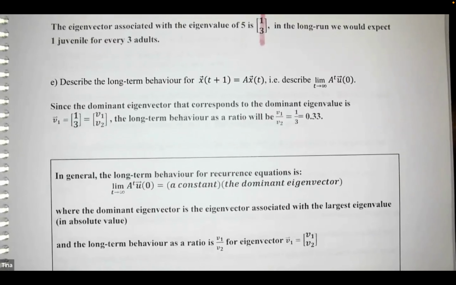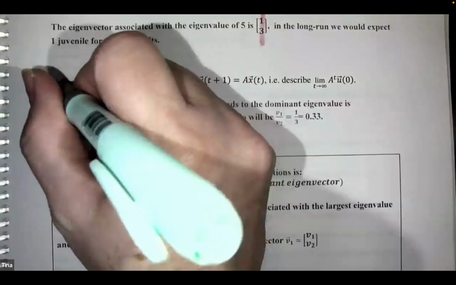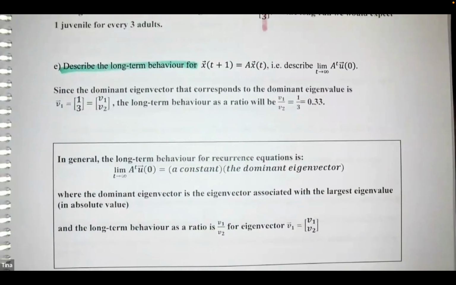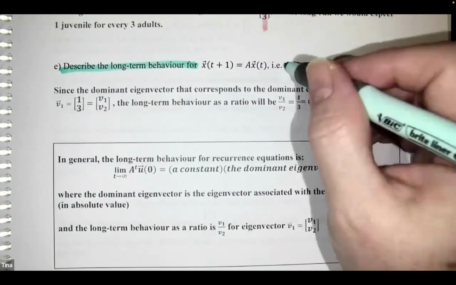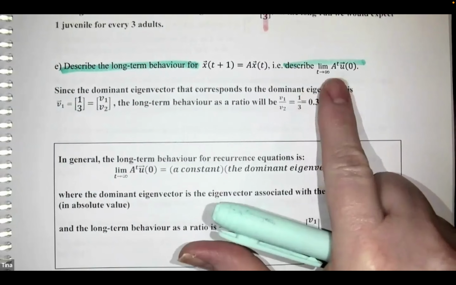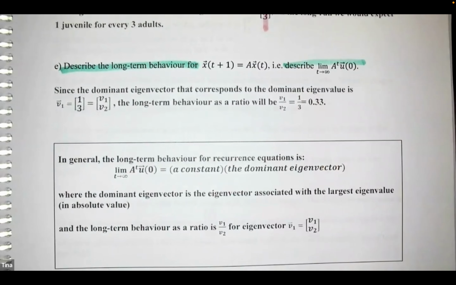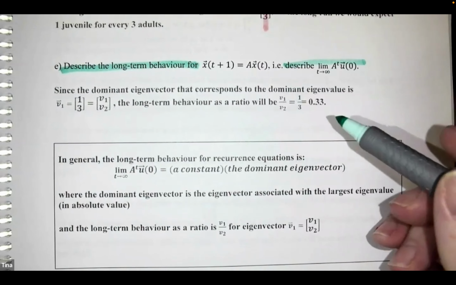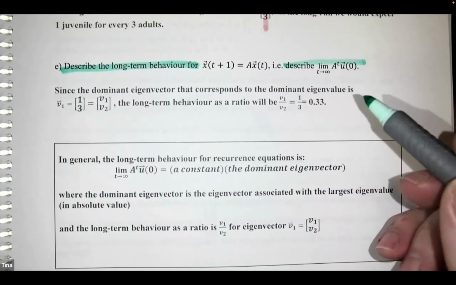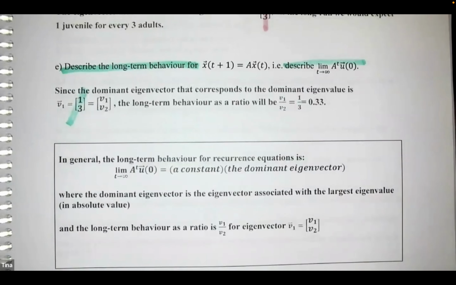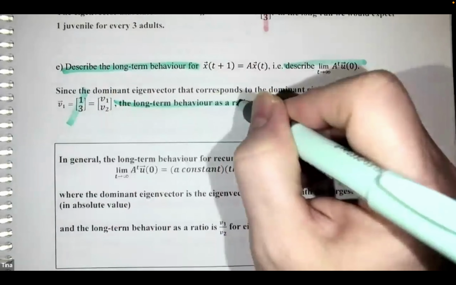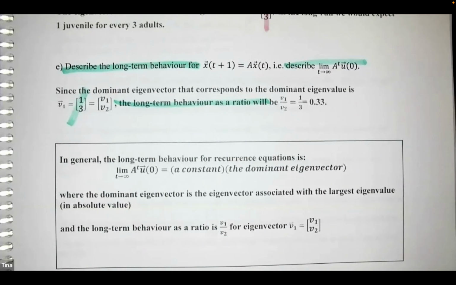And then they talked about long-term behavior, not just as letting x approach infinity, but they talked about long-term behavior this year in terms of a ratio. So they said to you, if x of t plus 1 is A x of t, describe the limit as t approaches infinity of A to the t u of 0. So in this case, since the dominant eigenvector that corresponds to the dominant eigenvalue is 1, 3, v1, v2, the long-term behavior as a ratio, they would say is v1 over v2, so 1/3.